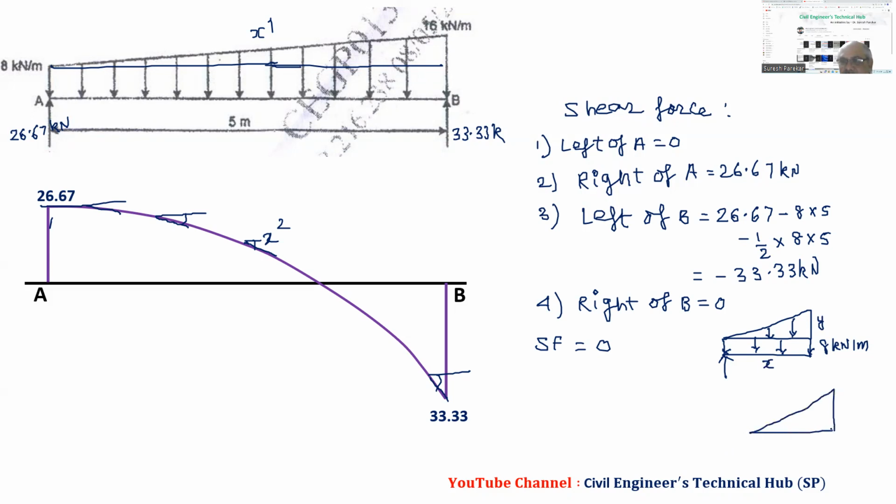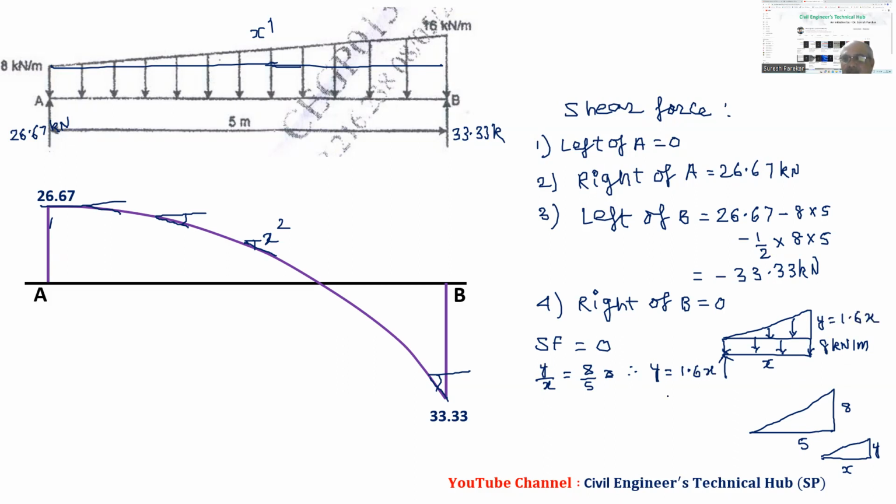In one triangle we have 8 and 5, and in another triangle we have y and x. So we have to write y in terms of x. So y by x equal to 8 by 5, and therefore y equal to 1.6x.